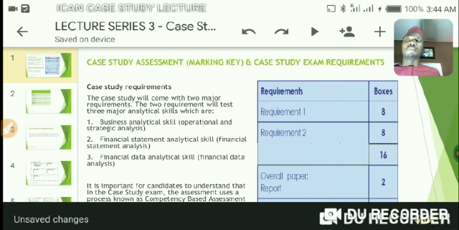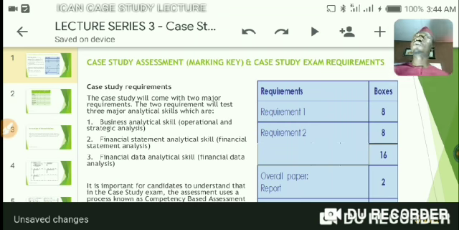But one beautiful thing about these 2 requirements is that they can only test 3 topics. We call them analytical skills. It can only test 3 analytical skills.